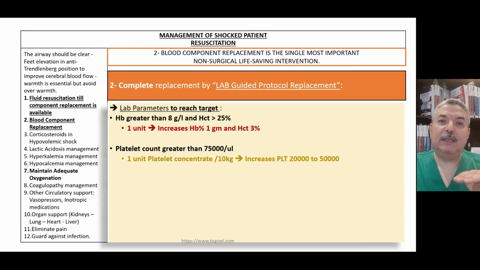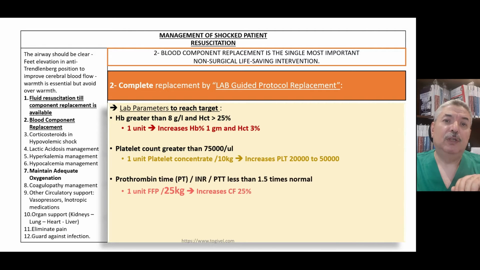The next is platelets. If platelets are less than 75,000, I give platelet concentrate. 1 unit platelet concentrate per 10 kilograms of the patient's weight will increase platelets by 20 to 50,000.